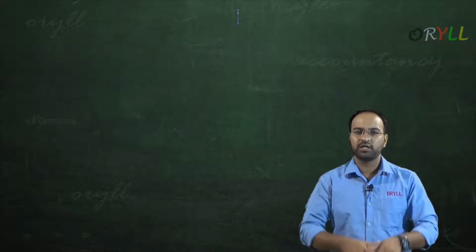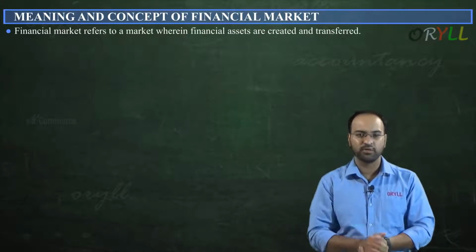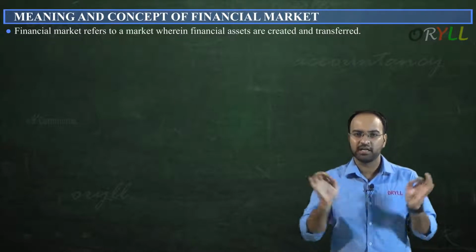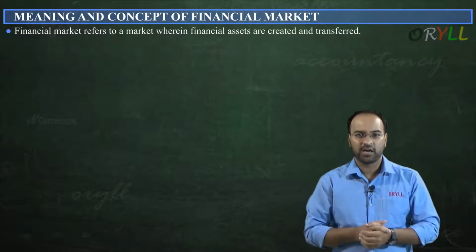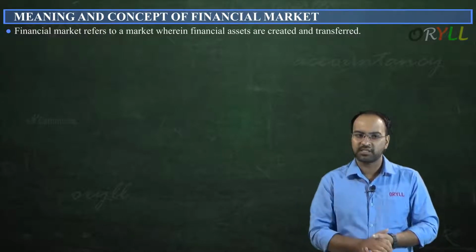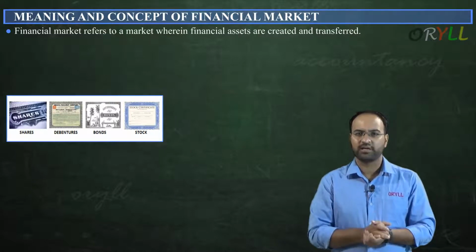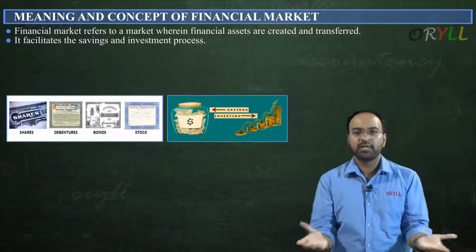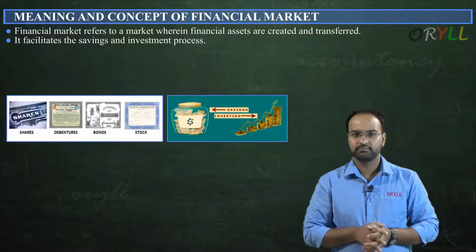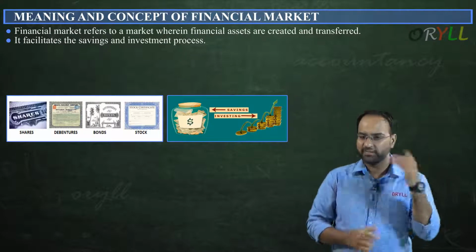Now let us go for the meaning and concept of financial market. As I said to you, in this market we will be buying and selling financial assets. Yes or no? Financial assets such as shares, debentures, bonds, stocks, etc. Now understand what will happen here. The public will save money, whatever salaries and profit they have.